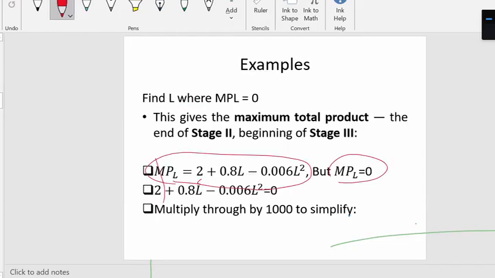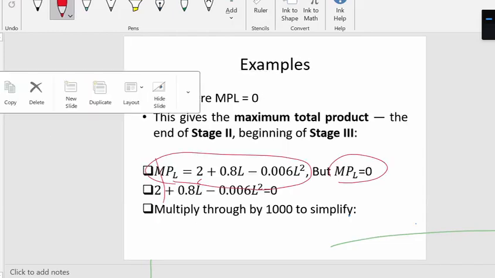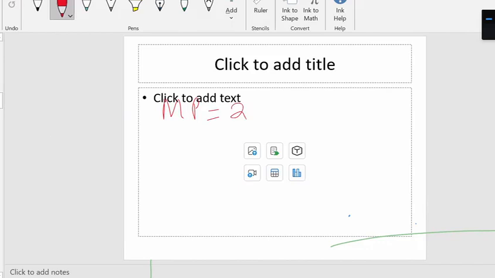Is 2 plus 0.8 labor minus 0.06 labor square minus 0.006 labor square. Labor square, sio? Yes.